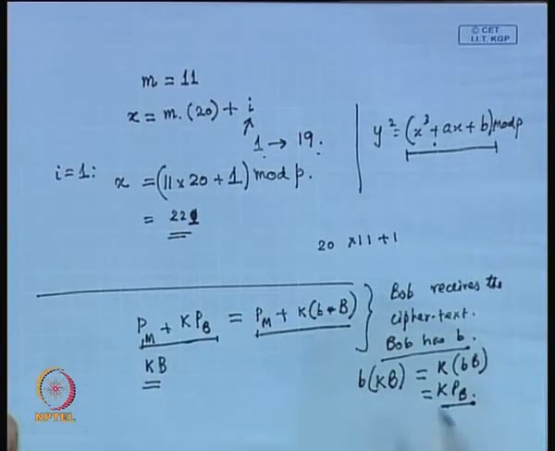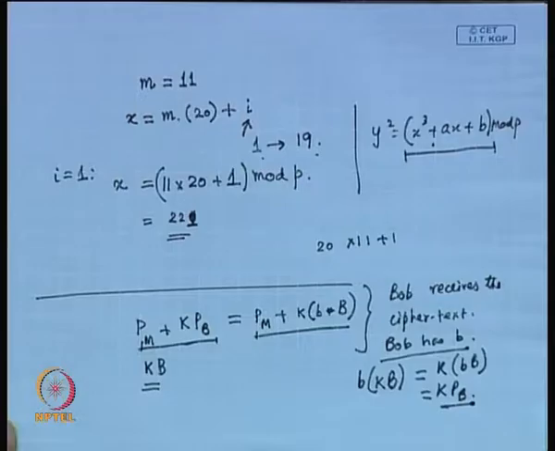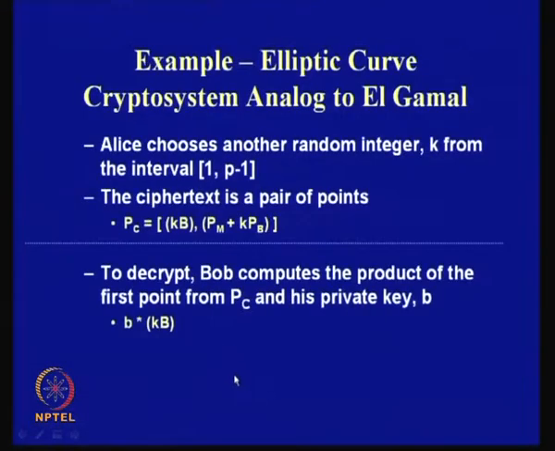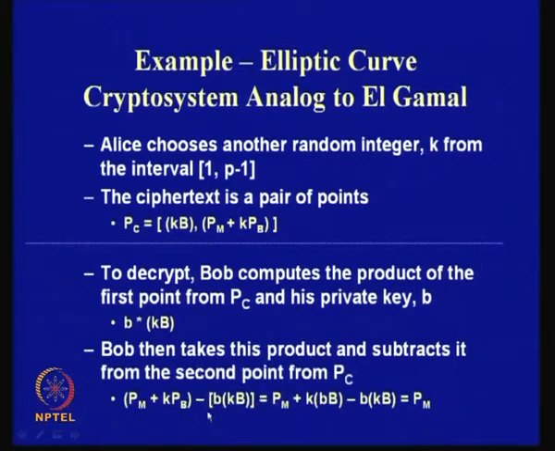That is what is shown here. For decryption, you apply b over kb, and then do the subtraction operation to eliminate these two terms and obtain back Pm. Pm is the encoded message on the elliptic curve.